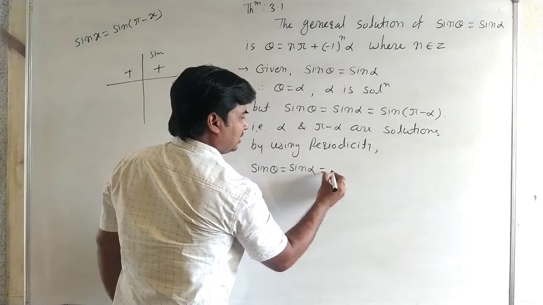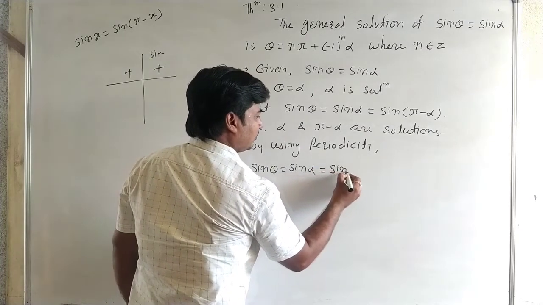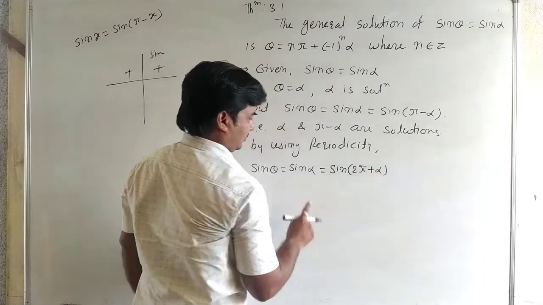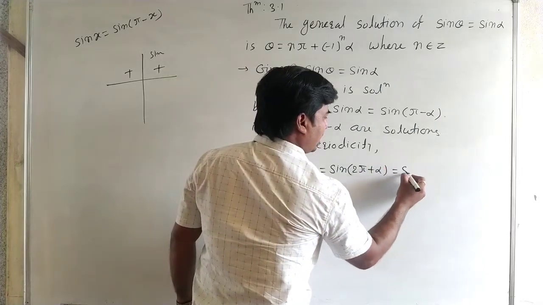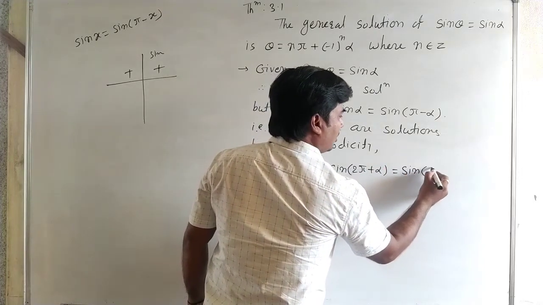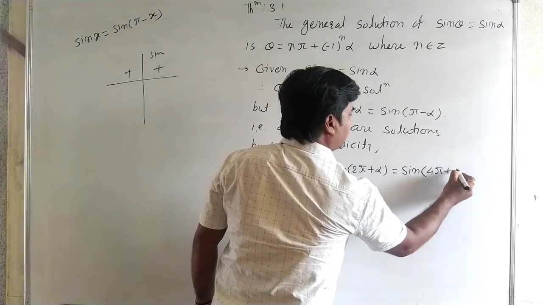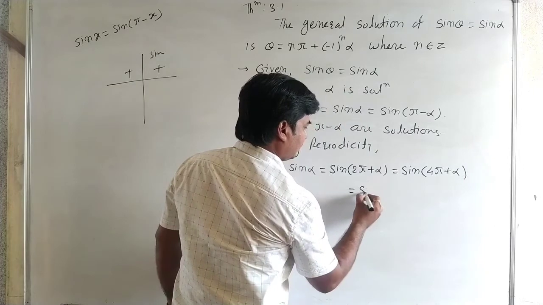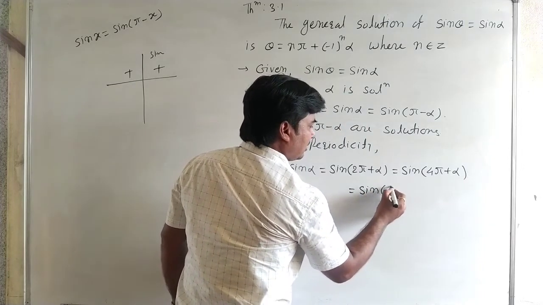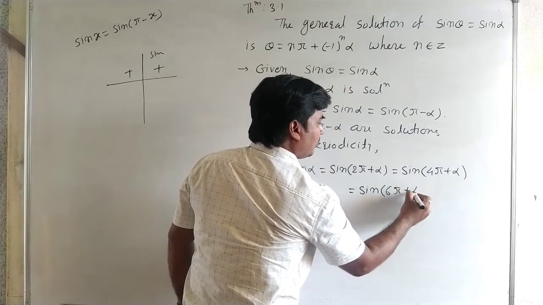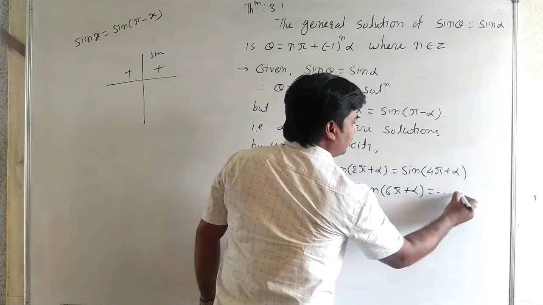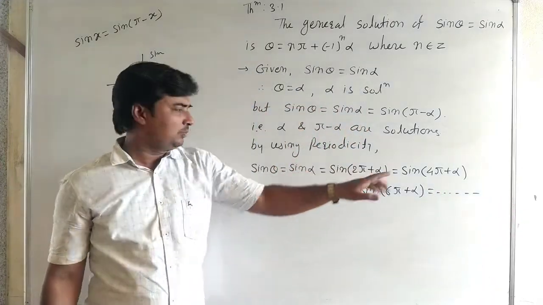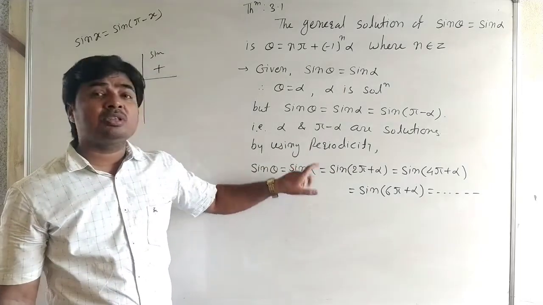Then this can be written as sin 2 pi plus alpha is equal to sin 4 pi plus alpha is equal to sin 6 pi plus alpha, up to 8 pi, 10 pi, like that. All lie in the first quadrant.